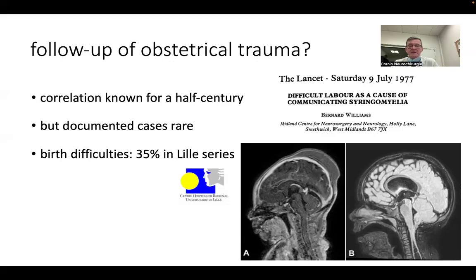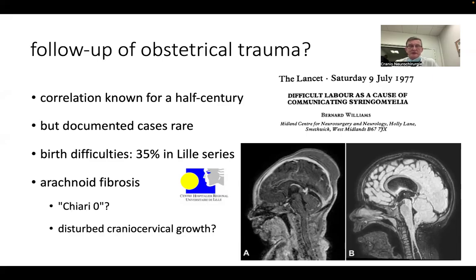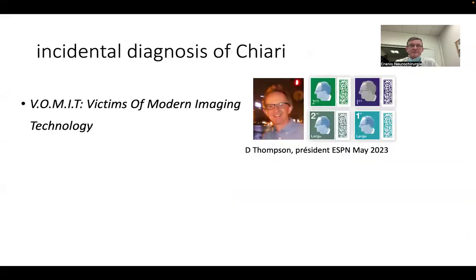In a previous study, I found that birth difficulties were found in 35% of the Chiari patients at the time of diagnosis. So it's very significant. Also, it can be a type of Chiari 0 with arachnoid fibrosis and probably a disturbance of the craniocervical growth.